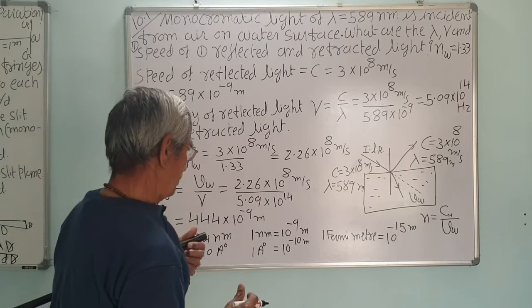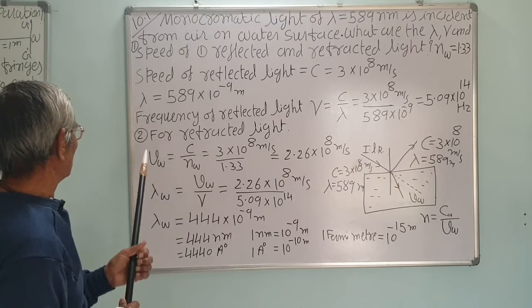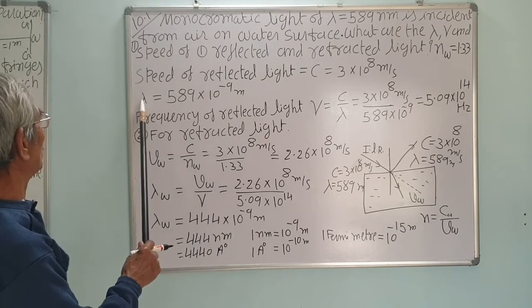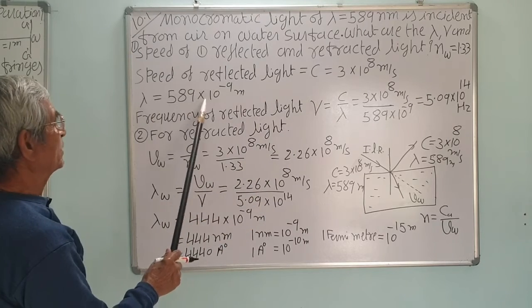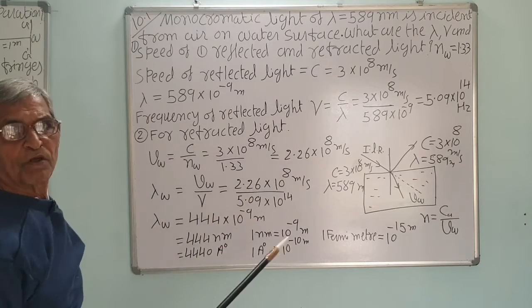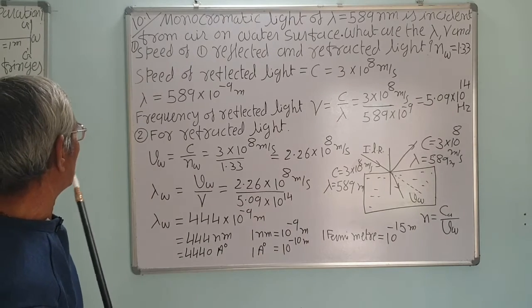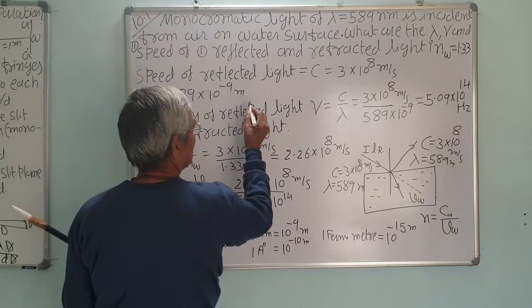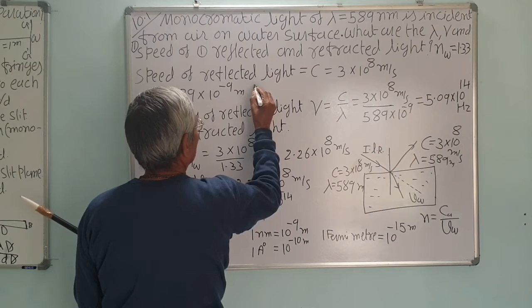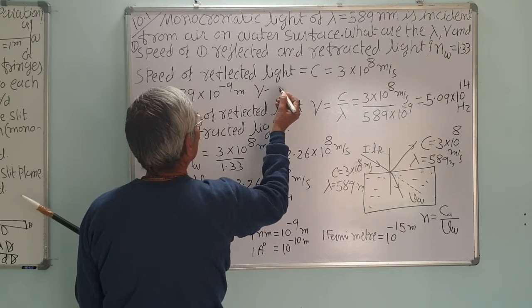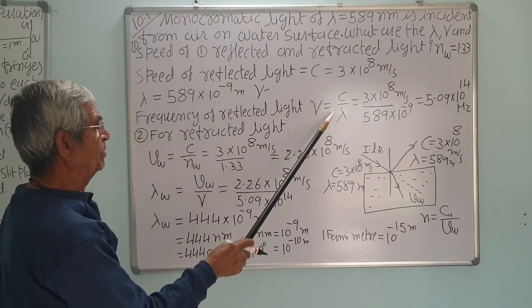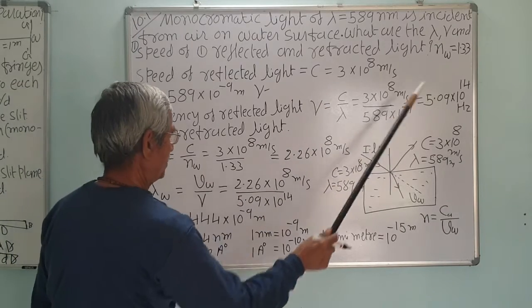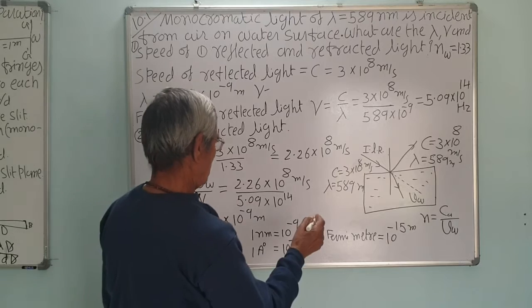Now for the reflected light, in the air, lambda is the same, the velocity is also the same as that of the incident light, and nu never changes. Nu remains the same. You can calculate nu is equal to C upon lambda. So what is the frequency?